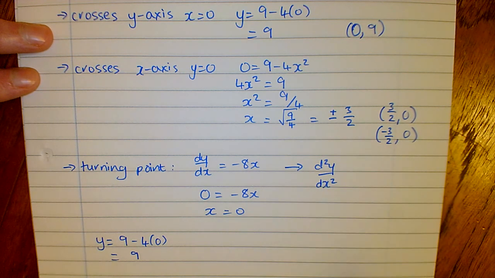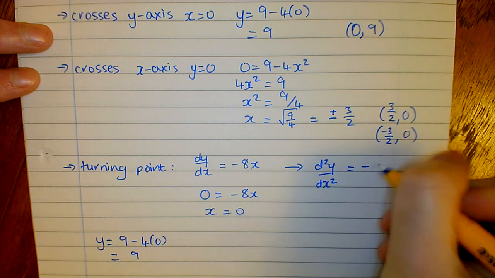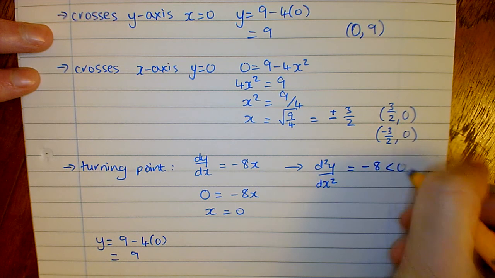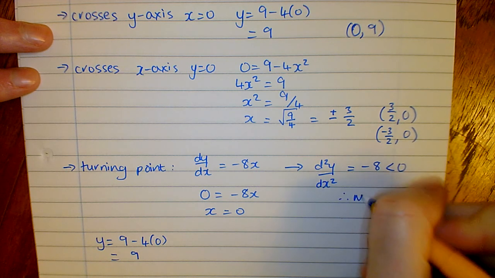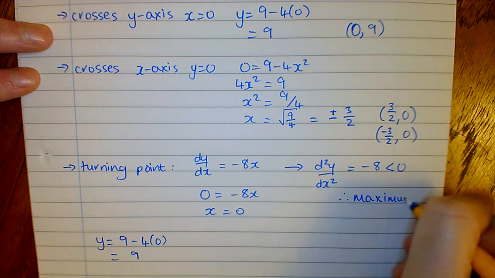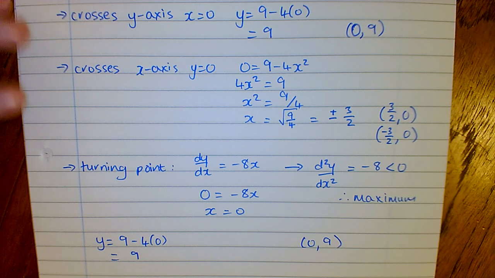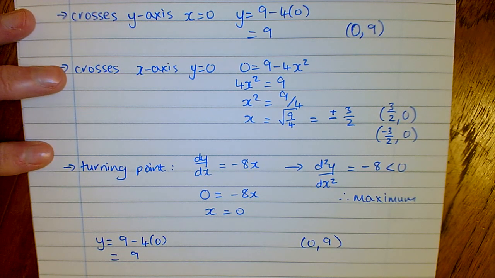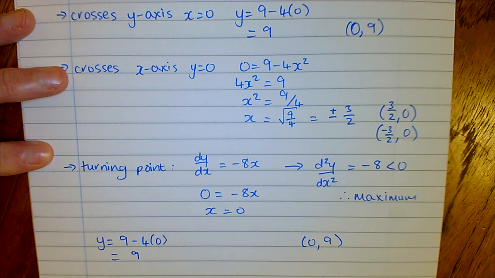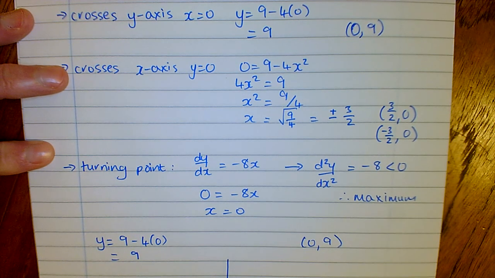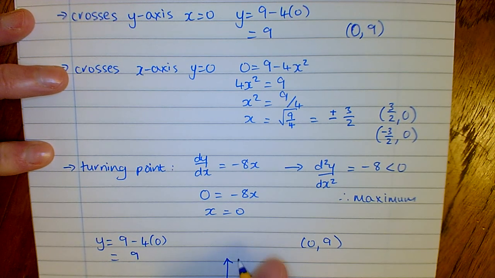Now find d2y by dx squared. It's minus 8. That's less than 0. So it's a maximum. So our 0, 9 is a maximum. Okay, so again in the question quite often the x and y axes are drawn for you.